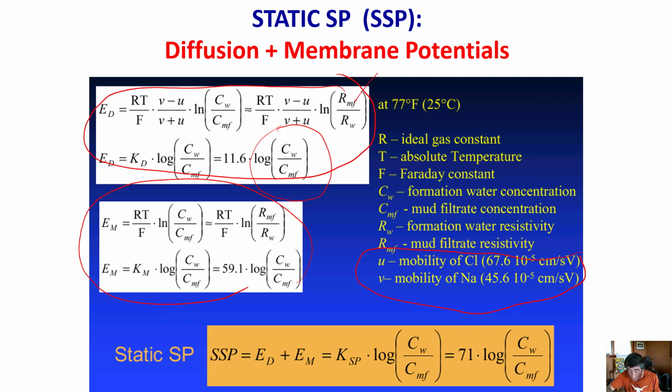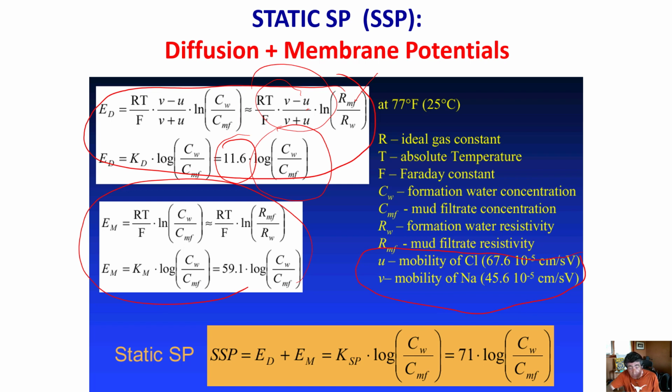And the constant is based on temperature, on the ideal gas constant and Faraday's constant, but it's also based on the differences in mobilities. And when mobilities between sodium and chlorine are involved, then the constant gives rise to a value of 11.6 when the result is given in millivolts.